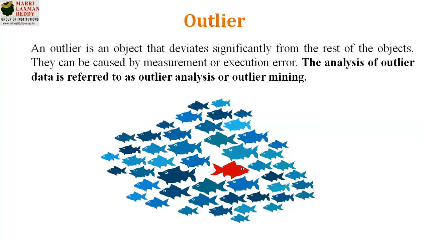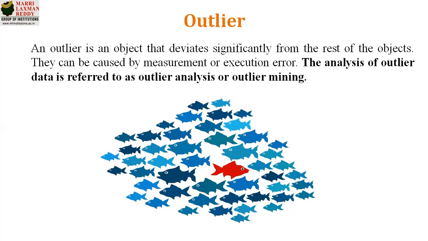The red one is moving in a different path, that is, it is moving from left to right, and all the other fishes are moving from right to left. So this picture is saying that one fish is moving in the opposite direction and it is considered an outlier. So an outlier is an object that deviates significantly from the rest of the objects, right? I hope this picture gives you a clear understanding of what an outlier is.